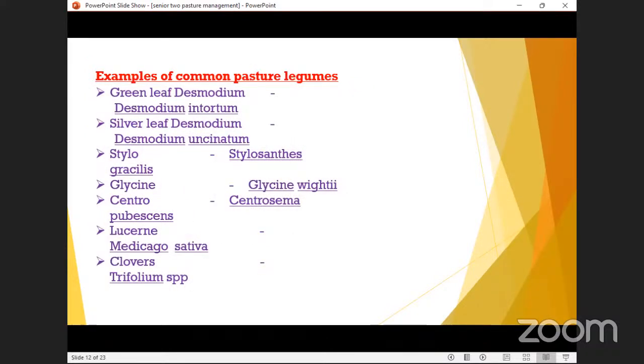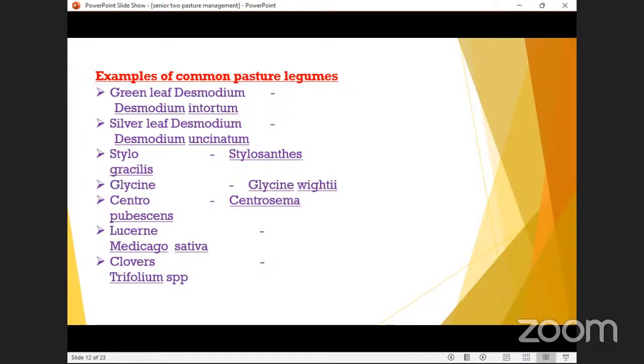We also have examples of pasture legumes. We have green leaf desmodium, silver leaf desmodium, Desmodium intortum, and then we have Desmodium uncinatum.